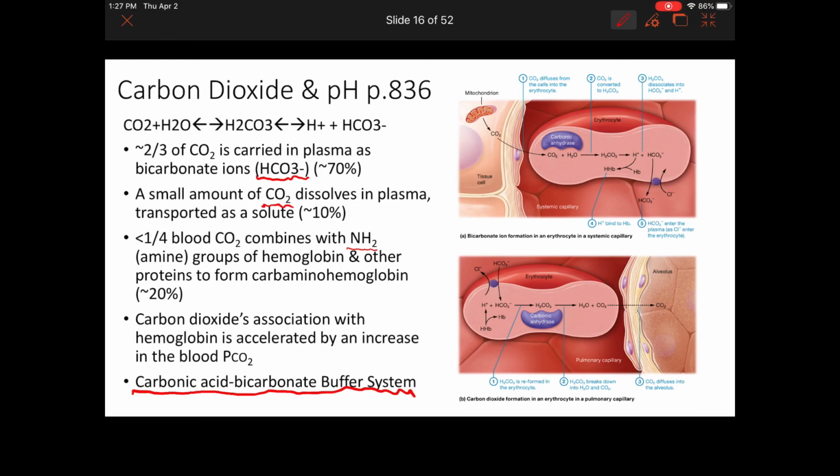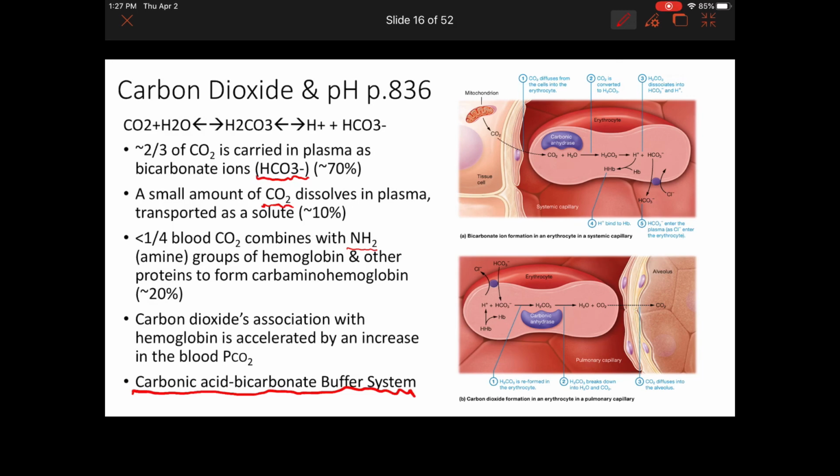So it's one of several types of buffering systems that help us to maintain appropriate levels of pH in our blood and body fluids. And as you know, the levels of pH span roughly between 7.35 and 7.45.